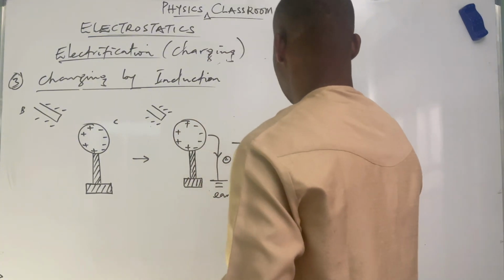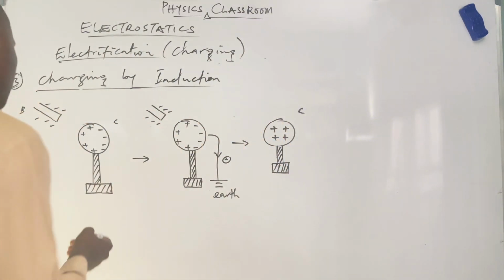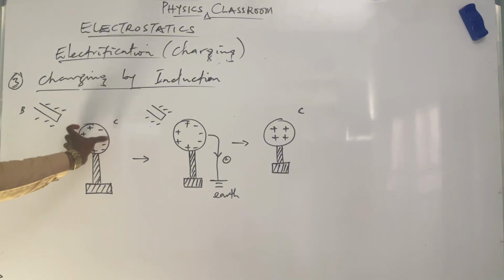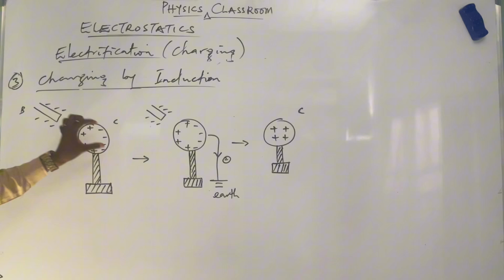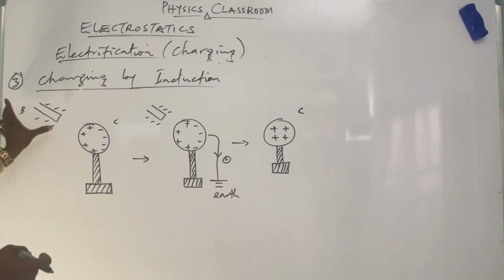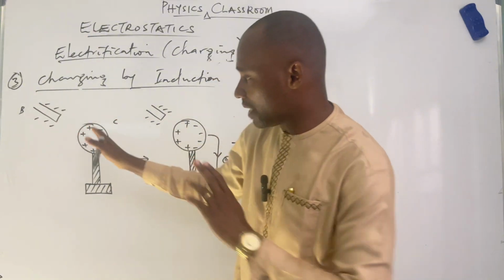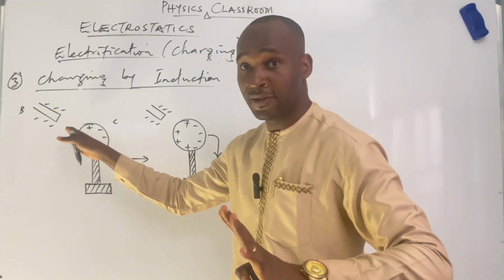Yeah, this is an illustration of charging by induction. Let me just give you a brief explanation. You see, this C here is a conductor that is placed on an insulated stand, having both the positive and negative charges here. Then we also have a negatively charged body B here, which is brought closer to this conductor of the positive and negative charges, as you can see.